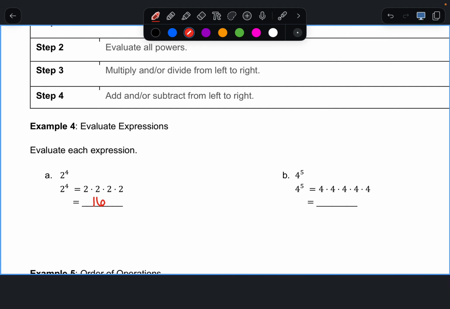Instead of a P, they put a G, grouping symbols, because parentheses is not the only symbol. Brackets, or even absolute values, the vertical bars, are grouping symbols.